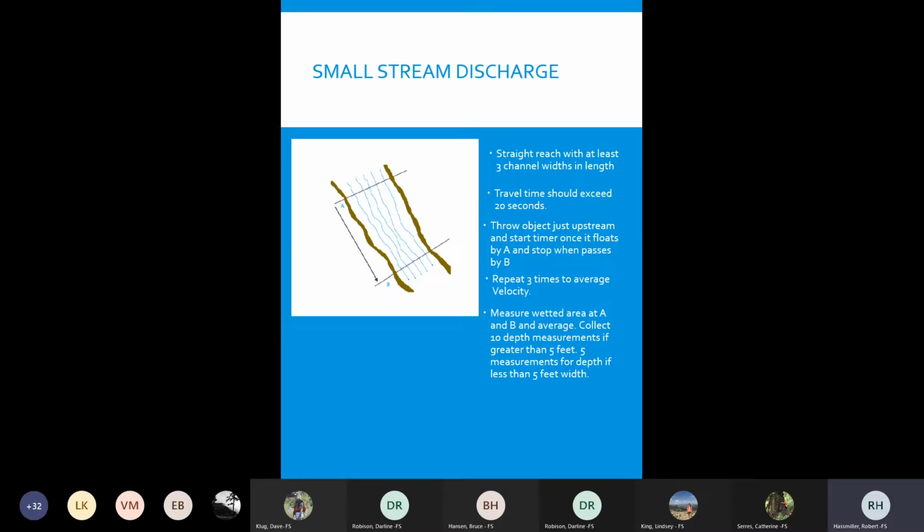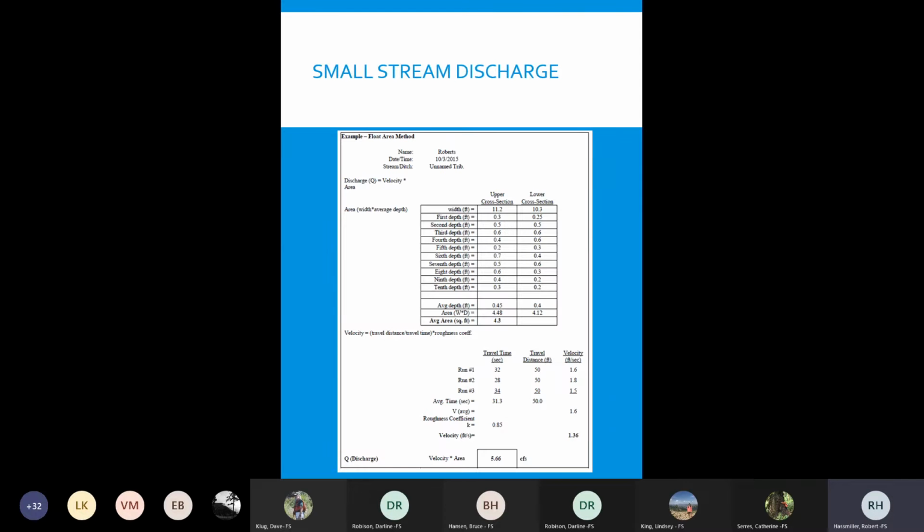Then we measure the wetted area at A and B, and average that. Collect 10 depth measurements if the width is greater than 5 feet, and 5 depth measurements if it's less than 5 feet. Here's the form that we're recommending using. Here's the upper cross section, the width, and the depth measurements.